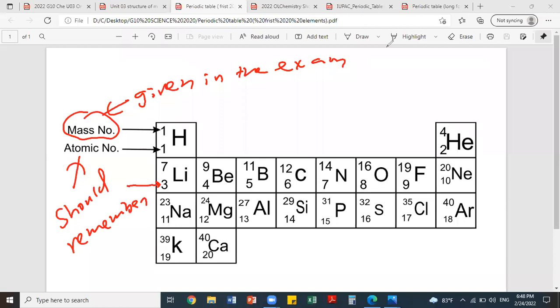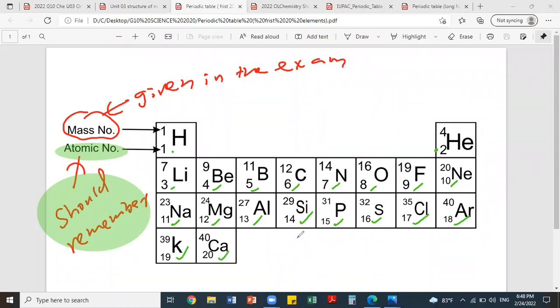You have to remember the atomic number. That means the first 20 elements you have to remember. Is that clear, everyone? Hydrogen, helium, lithium, beryllium, boron, carbon, nitrogen, oxygen, fluorine, neon, 11th sodium, 12th magnesium, 13th aluminium, 14th silicon, 15th phosphorus, 16th sulfur, 17th chlorine, 18th argon, 19th potassium, 20th calcium.